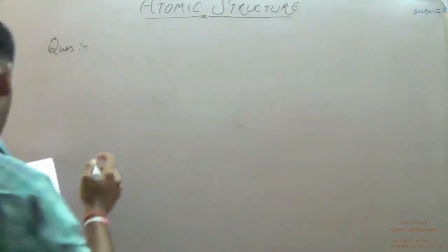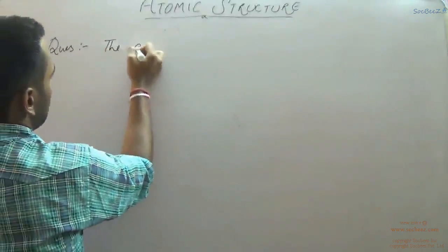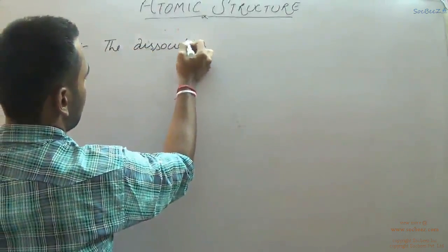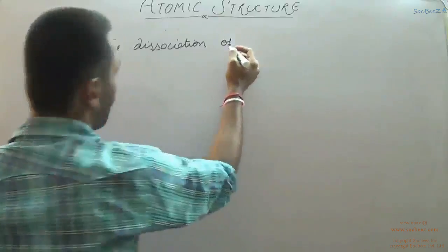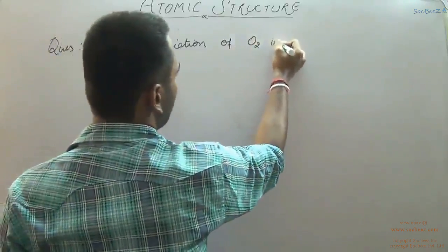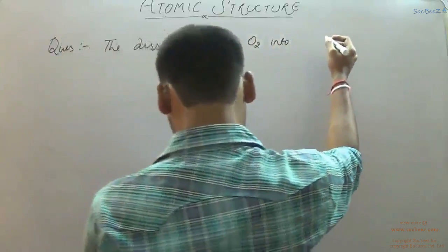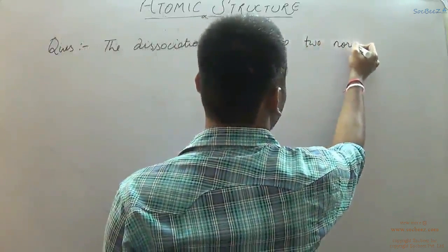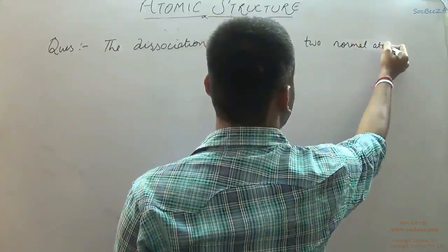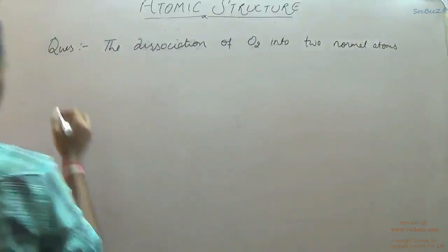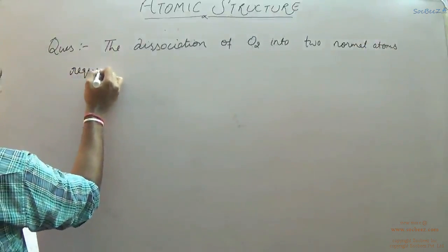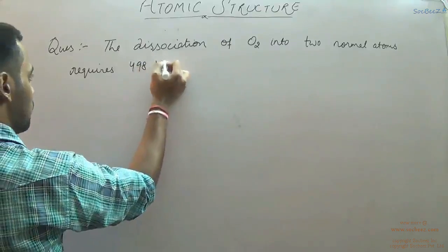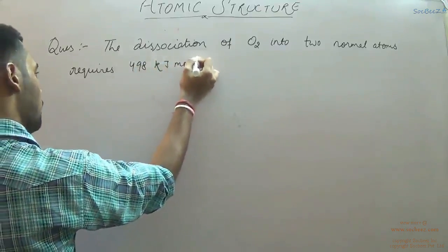The question says the dissociation of O2 into two normal atoms requires 498 kilojoule per mole.